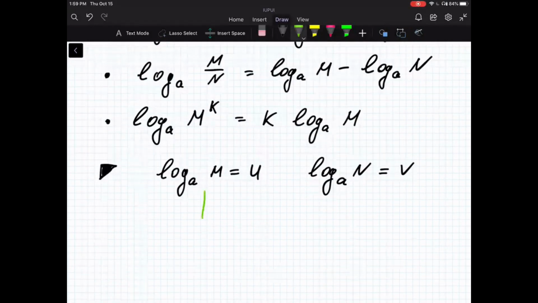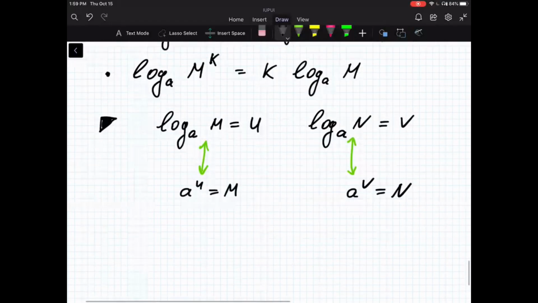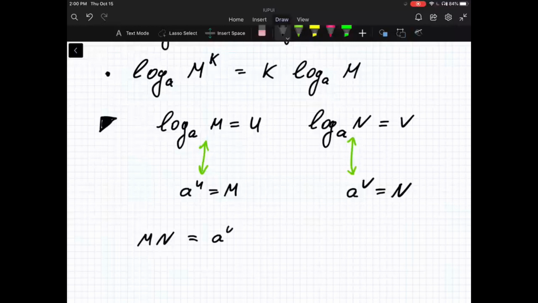And by our correspondence, it is the same as to say that a to the power u is equal to m and a to the power v is equal to n. But we know that if we multiply m by n, then we will get a to the power u times a to the power v.